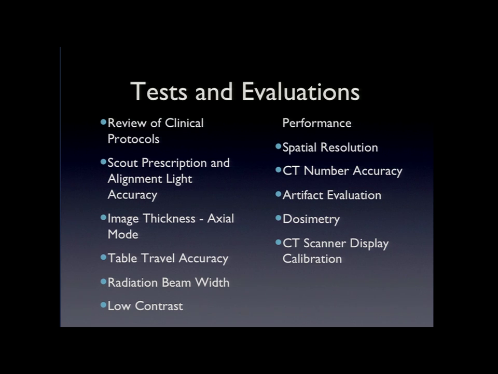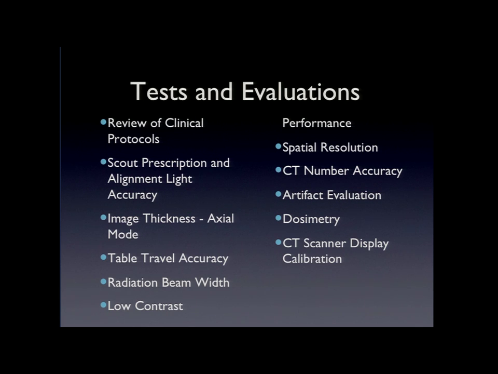Scout, prescription, alignment light accuracy, image thickness, table travel accuracy, radiation beam width, which is really measuring the size of the X-ray beam, not the size of the image that's reconstructed. Low contrast performance, spatial resolution, that's high resolution that you're looking at, CT number accuracy, artifact evaluation.